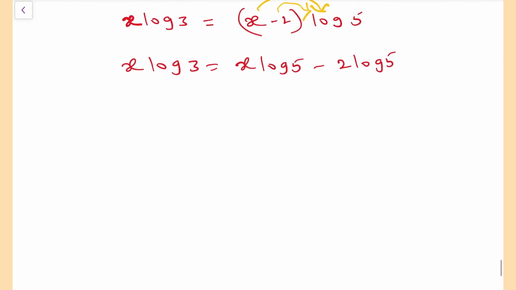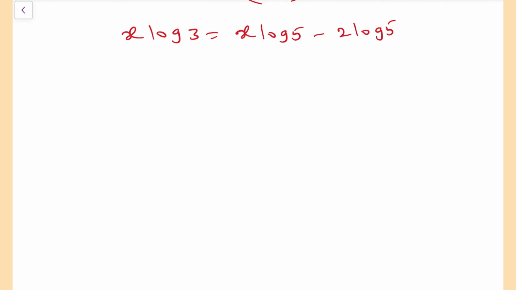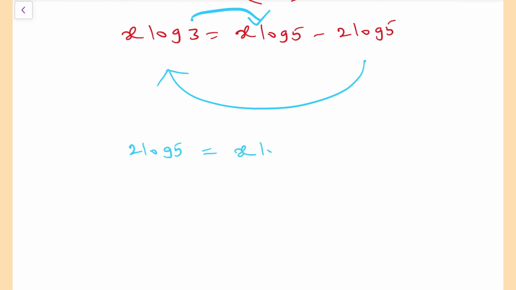Now what I will do is, this minus 2 log 5 I will take to the left side, x log 3 I will take to the right side. So minus 2 log 5 will become plus 2 log 5 equals x log 5 as it is. X log 3 I am taking to another side, right? So it will become minus x log 3.